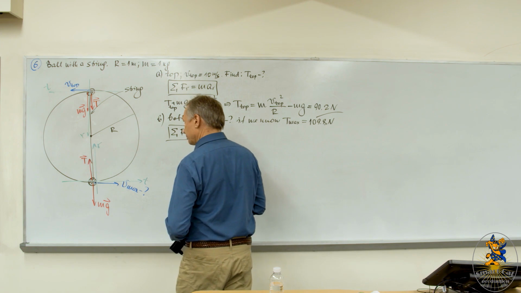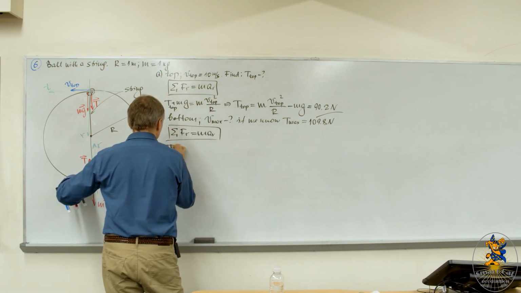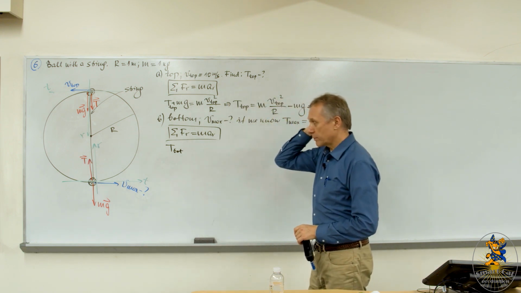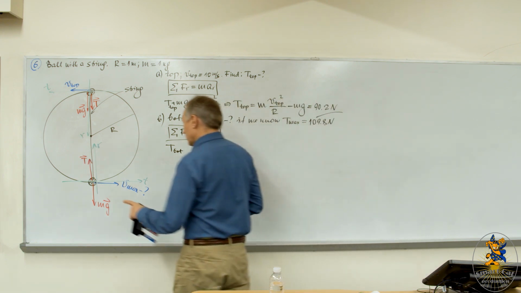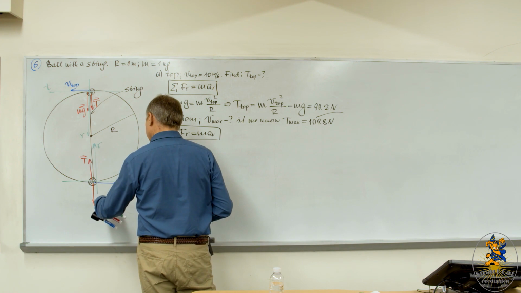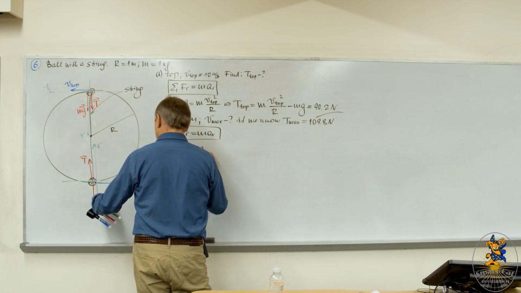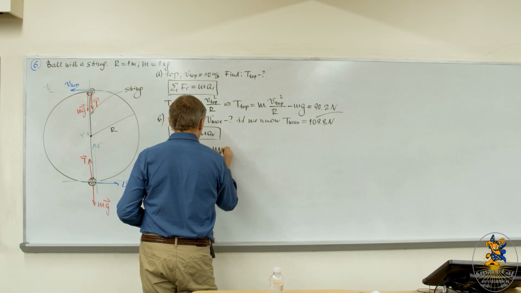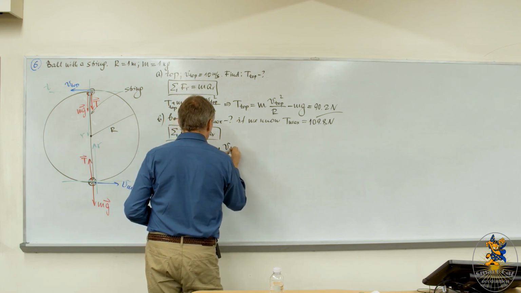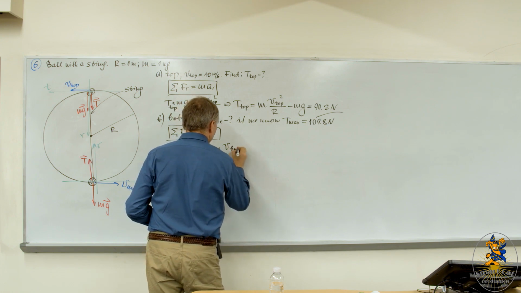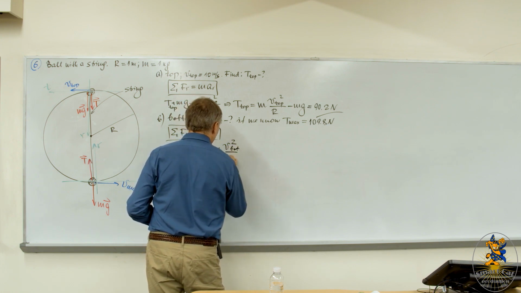It will be positive T at the bottom minus mg equals mass times velocity at the bottom squared divided by r.